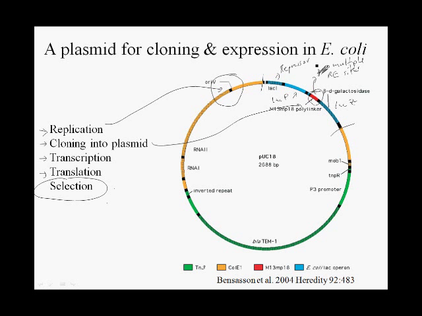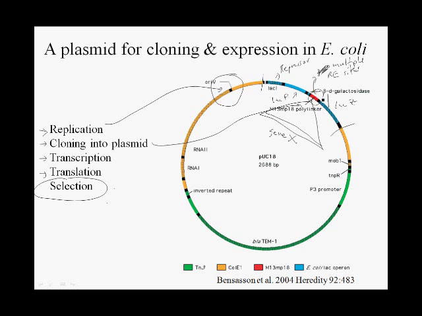We mix the cut plasmid and the cut foreign DNA molecule in a test tube. We add DNA ligase, and we get a recombinant plasmid that contains the foreign DNA molecule. Okay. So gene X has been cloned into our polylinker site. Okay. So this is all in a test tube. Okay. So we add DNA ligase, and we get a recombinant DNA plasmid.